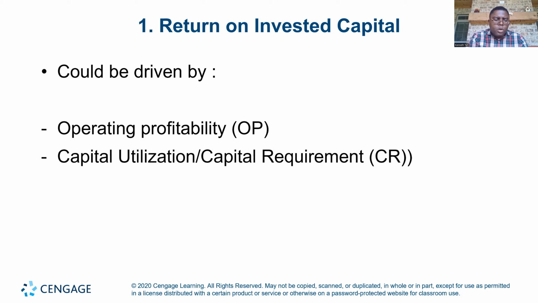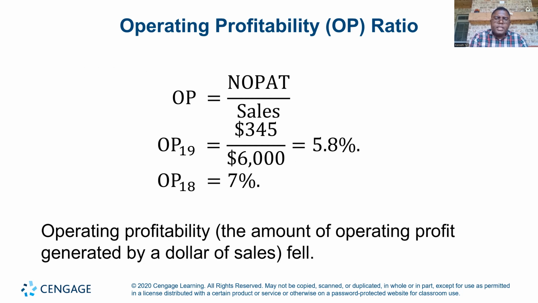All right. So let's begin with operating profitability. The formula for calculating operating profitability is net operating profit after taxes, which we have seen. Again, most of these variables we have seen in the computation of free cash flow. We take that and divide it by sales.